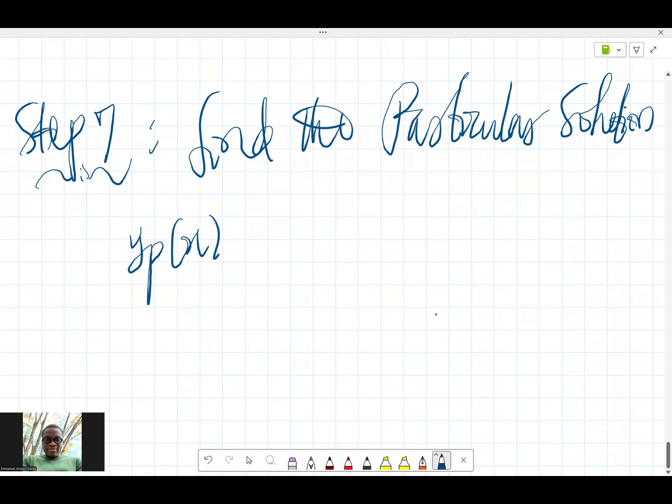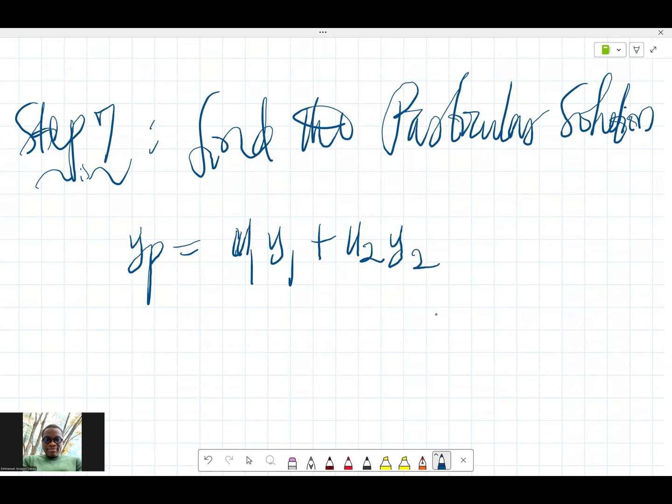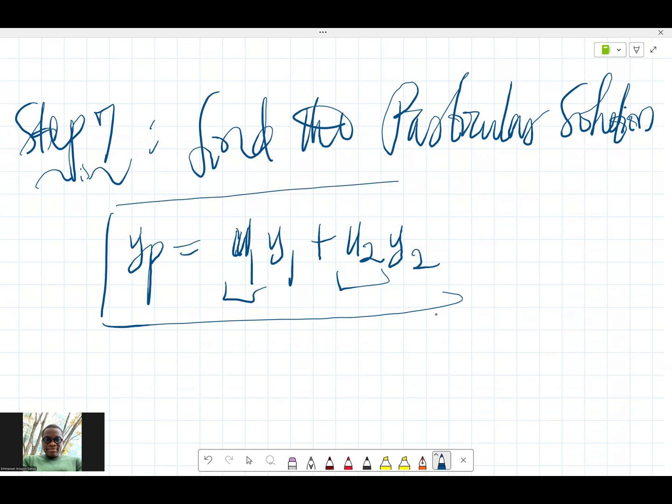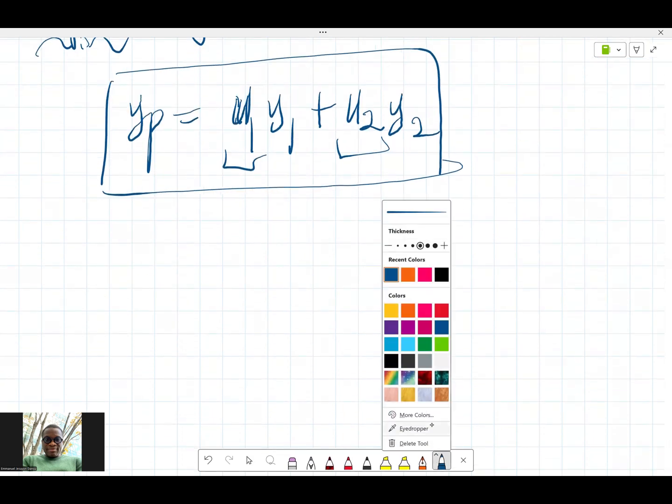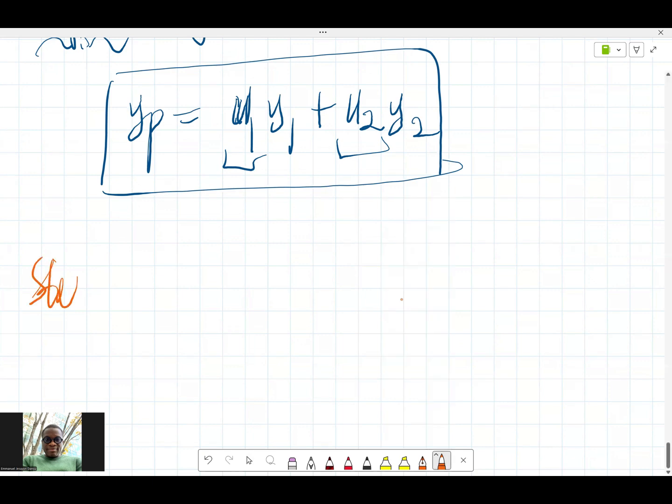Yp is u1 y1, that's where we came from, plus u2 y2. So you can find this now that you know u1 and u2. You can fix it up and you have your yp. And then that takes us to step 8, where we find the general solution.